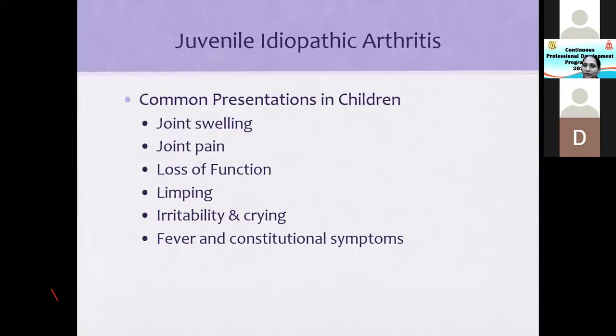Commonly, they might come with joint swelling or pain, loss of function. The child may not use the limb. If the knee is involved, the child might not walk or might walk with a limp, or without any of the signs. There will be irritability and crying, or they might present with fever and constitutional symptoms.